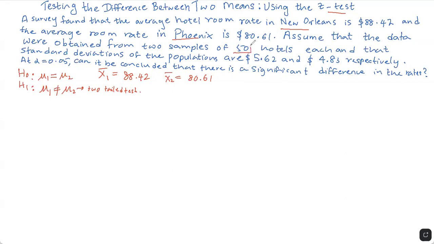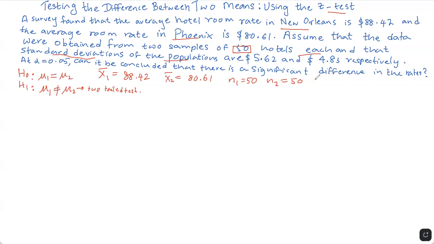Now, here we are selecting 50 hotels each, right, as a sample. So, sample size 1 is 50 and sample size 2 is also 50. And then we have the information about the population standard deviations.